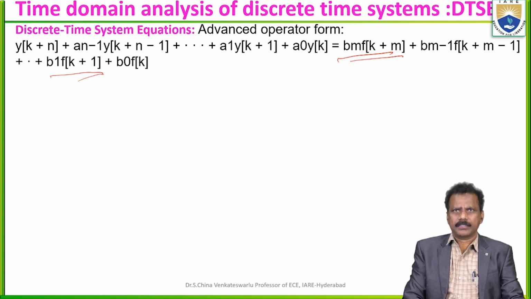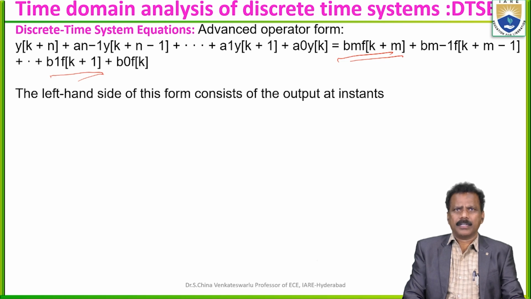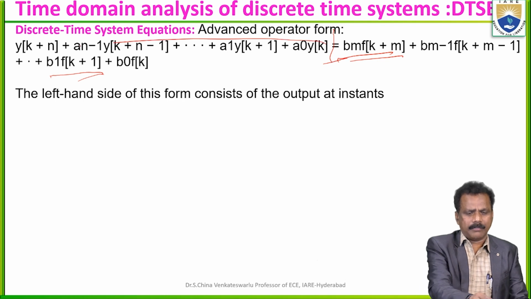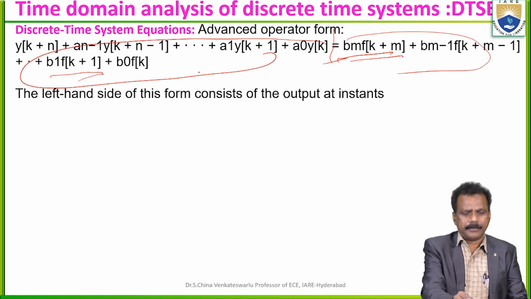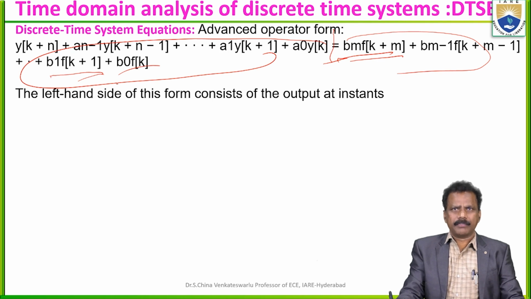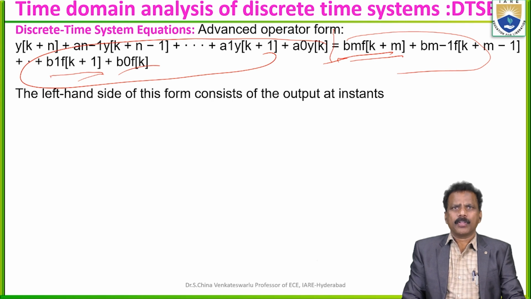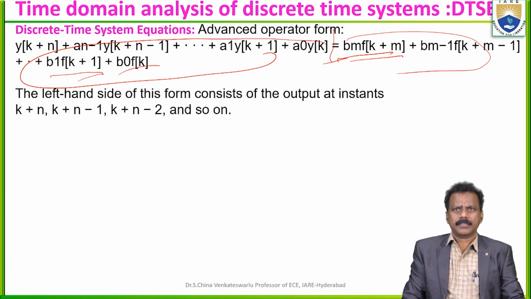This is the advanced operator form with reference to the DTS, discrete time system mathematical expression, or we can consider these as the difference equations. This is the left side and this is the right side. The left hand side of this form consists of the output at instance k plus n, followed by k plus n minus 1, k plus n minus 2, k plus n minus 3, and so on.